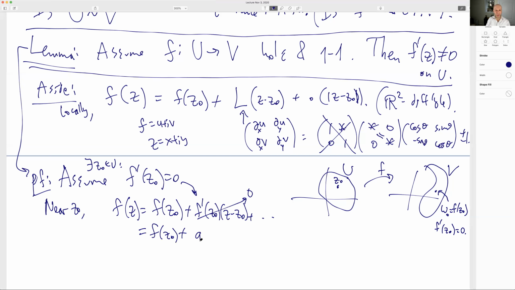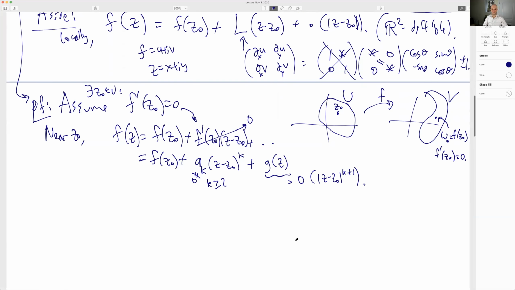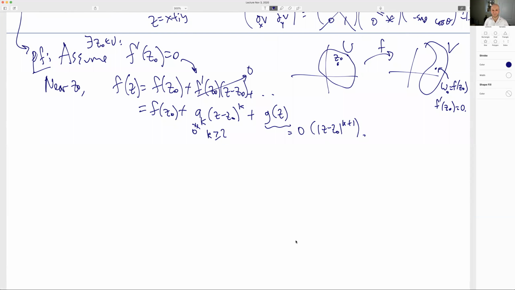So there's some a_k times z minus z0 to the k, where k is at least 2. This coefficient is non-zero. And then a holomorphic function g of z, which is big O of z minus z0 to the k plus 1. Okay, the rest of the Taylor series. Does that make sense?